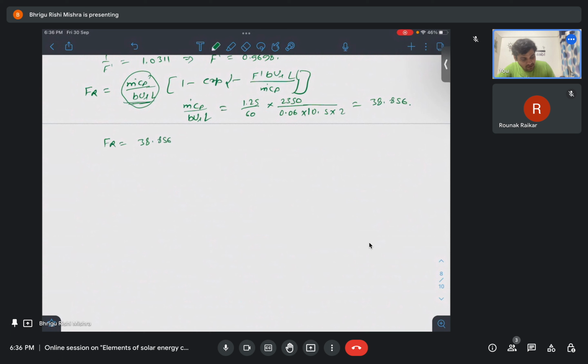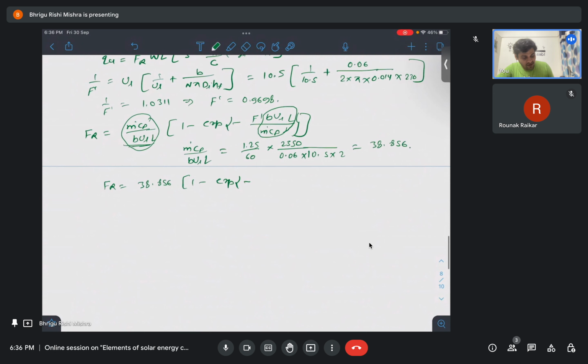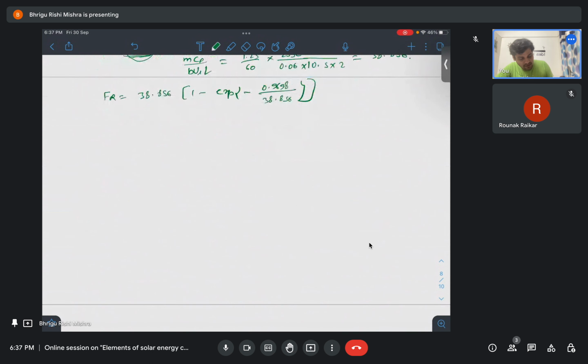Now we can put this value here, so FR equals 38.856 into 1 minus exponential of minus F dash, we have calculated 0.9698, divided by 38.856. Okay, so FR is 0.9578. This is the heat removal factor we got.